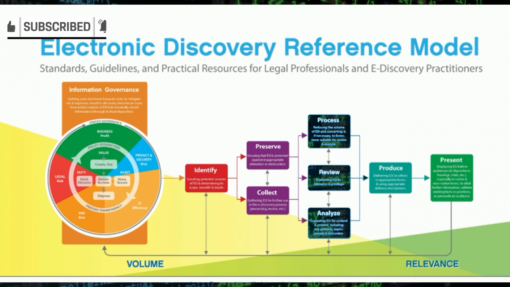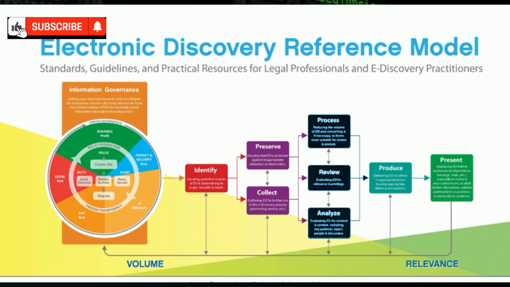Then out of that information governance, you are going to have the identification or identify step or phase. This is where you are going to locate all of your potential sources of evidence. Then you will notice two steps right after identify: preserve and collection. Preservation has to do with ensuring that all of the potential information that we might discover as part of the investigation is going to be protected against any kind of alteration, deletion or any other changes.